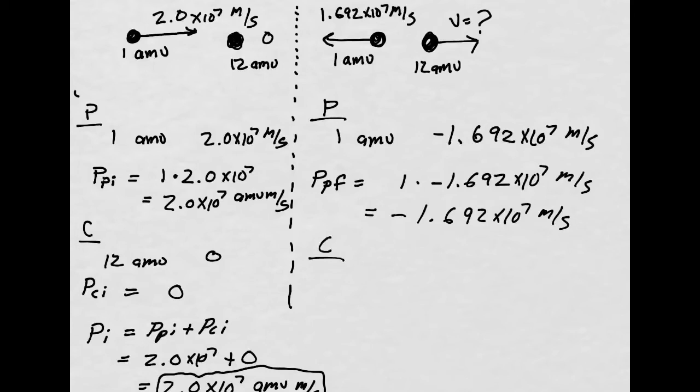The carbon has the mass of 12 AMU, and it now has a velocity which we don't know. We're just going to call it V. So P carbon final is equal to 12V.